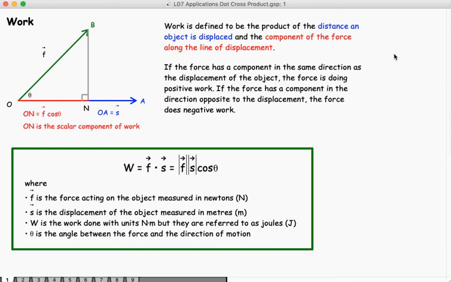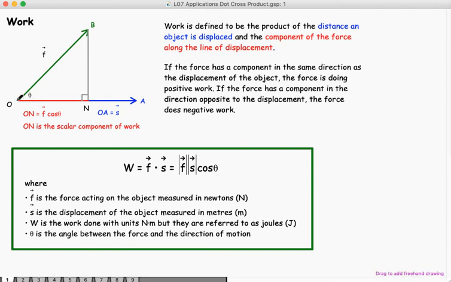And what's the definition of work? If you've taken physics, it's defined to be the product of the distance an object is displaced and the component of the force along the line of displacement. So here we have our vector F. This ON is the component of the vector along the line of displacement, right?